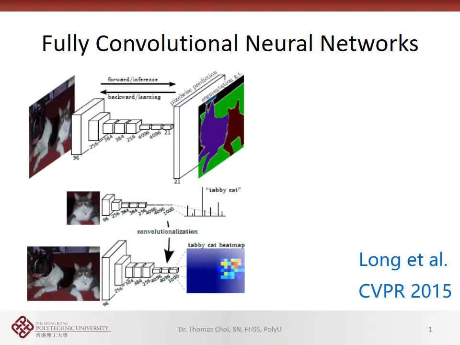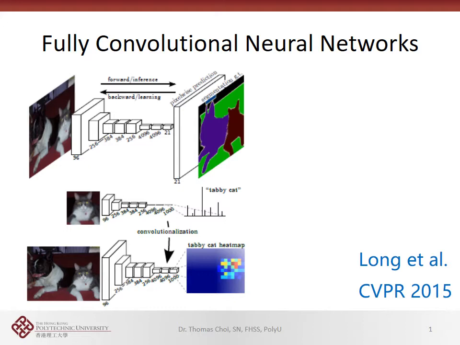Second, we replace the original fully connected layer with a common convolutional layer so that we can input an arbitrary size of input image and output the predictions, the results with the same resolution as the input image, so that we can have pixel-wise segmentation results.